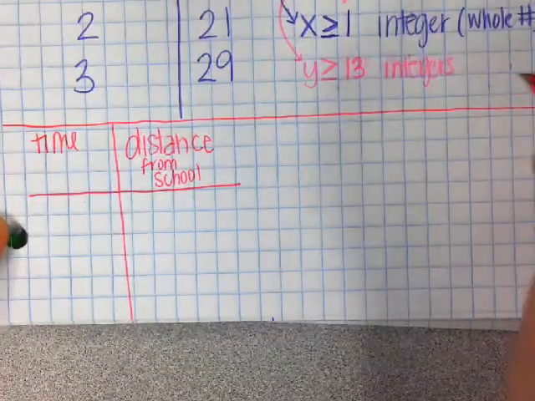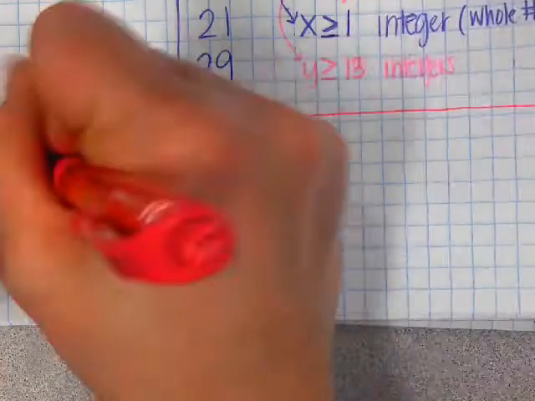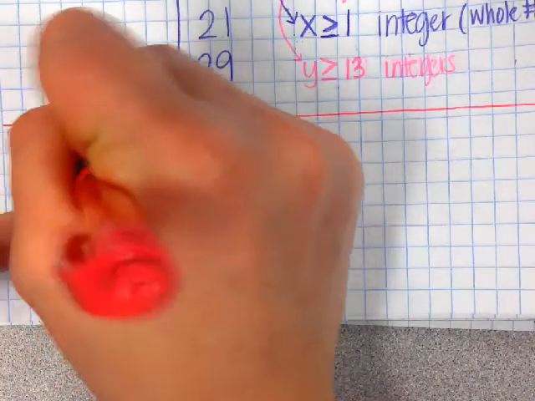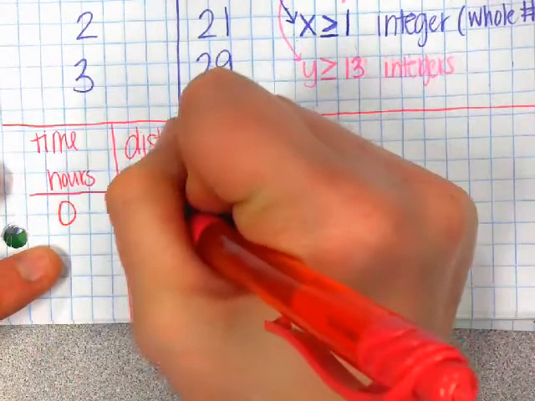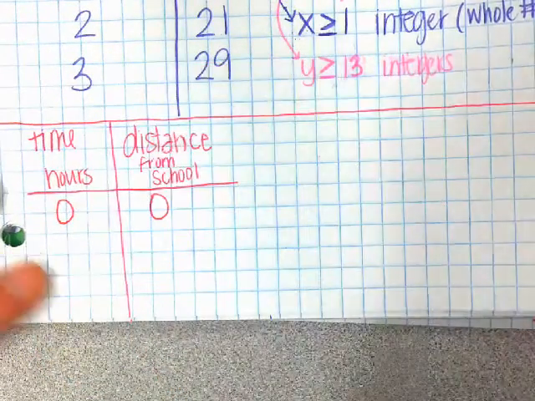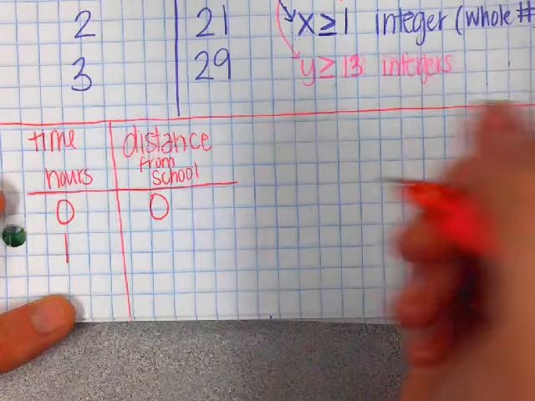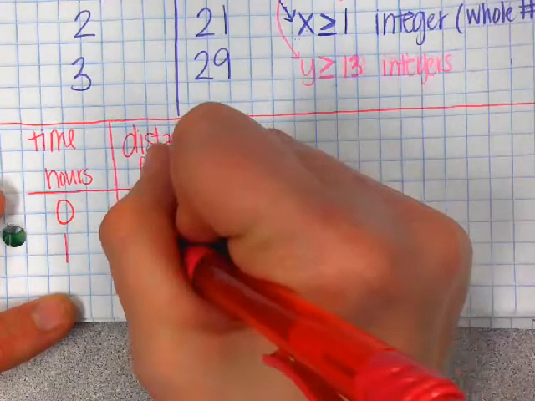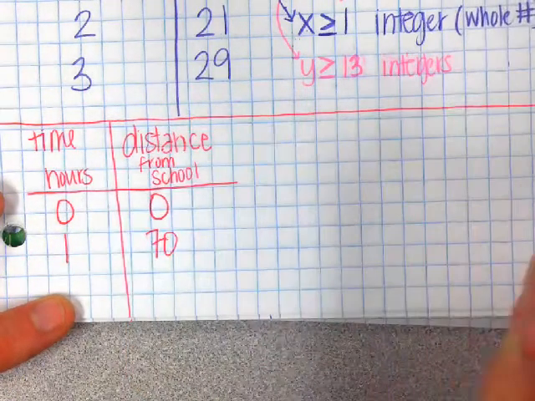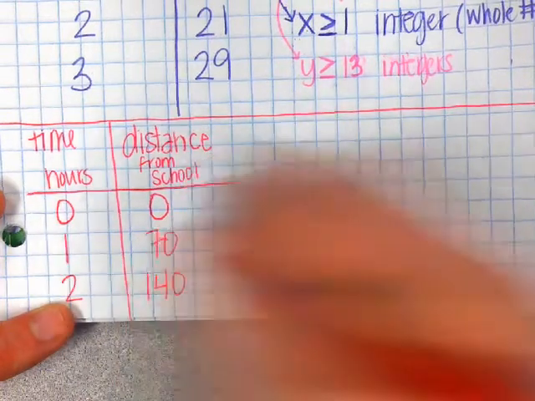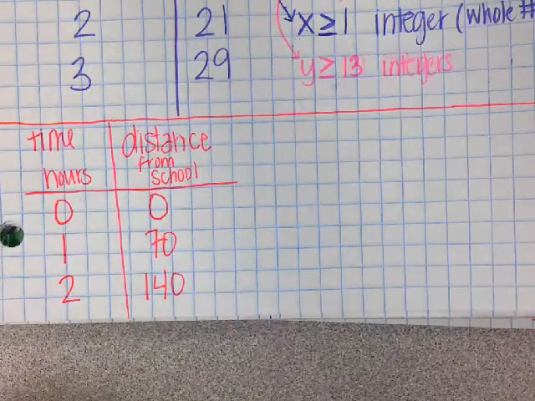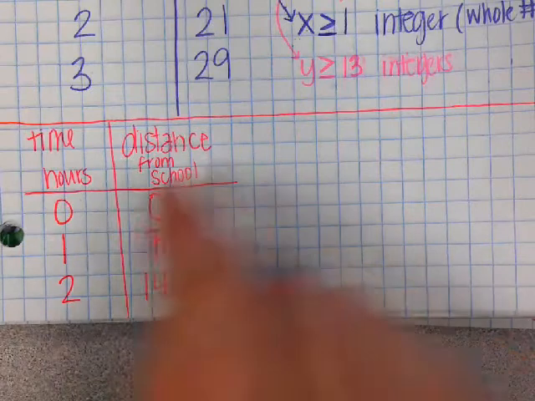So if we were talking about leaving for a field trip to Albuquerque, and we'll put hours. So 0 hours, well, of course, we've left or have a distance of 0. 1 hour, we have a distance of, let's say, 70 miles. 2 hours, we have a distance of 140 miles.